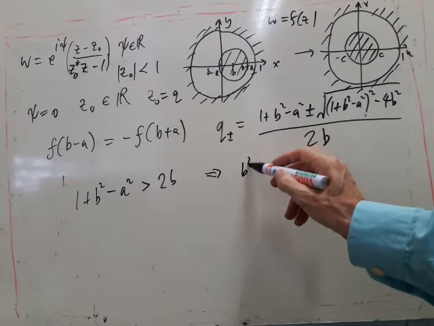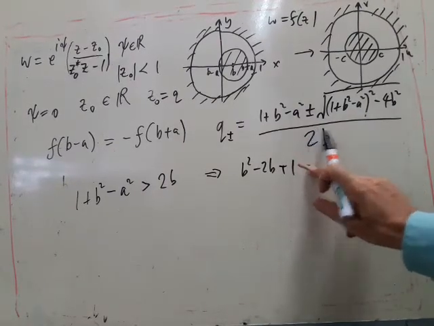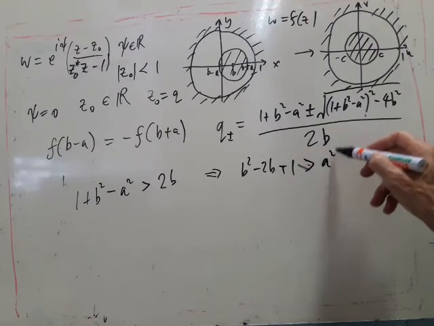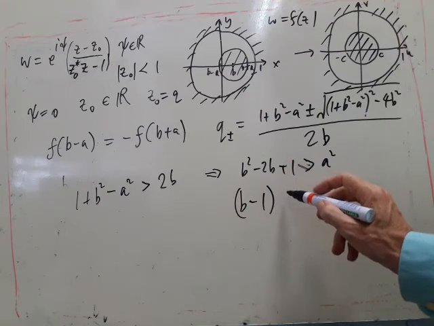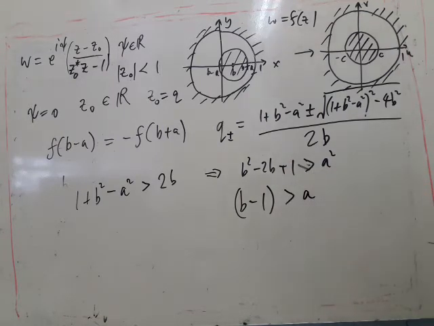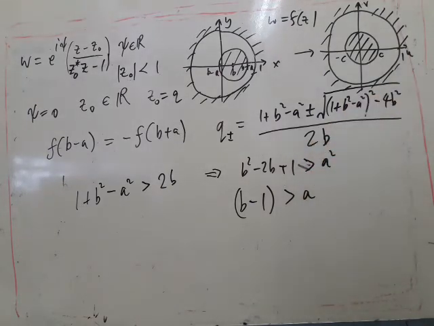So we've got b squared minus 2b plus 1 is greater than a squared, which I can rewrite as b minus 1 squared is greater than a squared. So take the square root.